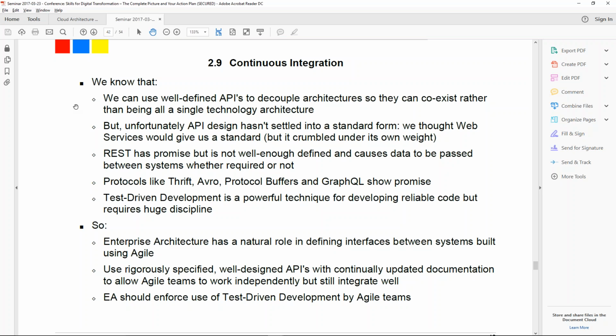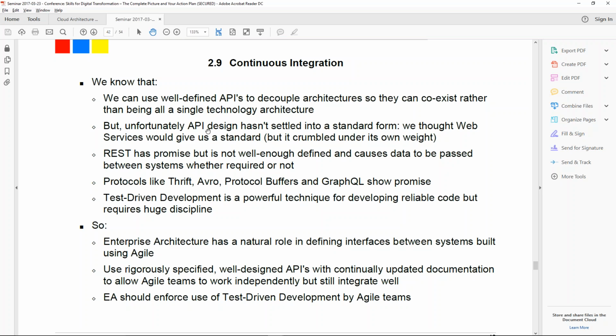Honestly, I don't trust continuous integration solutions without heavy-duty automated testing. Heavy-duty automated testing, I don't really trust without test-driven development types of approaches. And so that's the technical Agile area that I focus on.